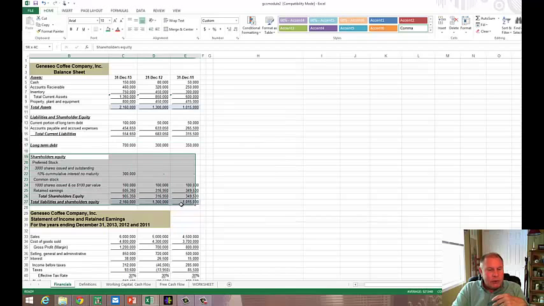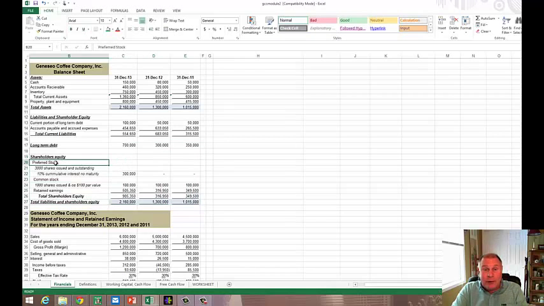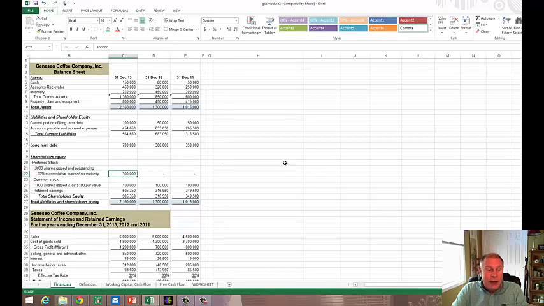When we look at shareholders' equity here, what we're seeing is they have preferred stock, and there's 3,000 shares issued and outstanding, 10% cumulative interest or dividends, no maturity. Now, preferred stock is equity, but it also has some features of debt.